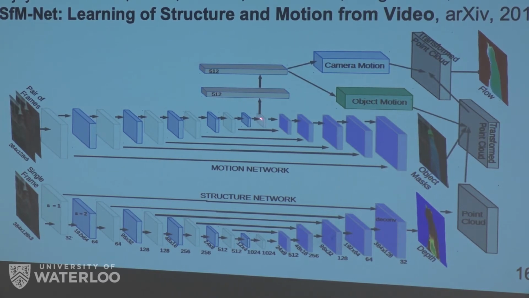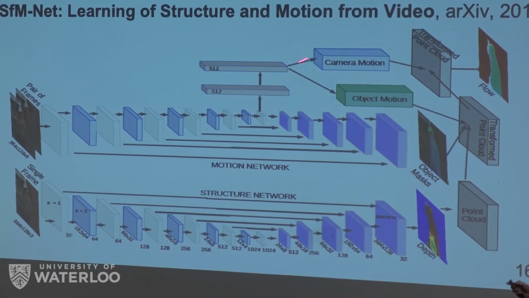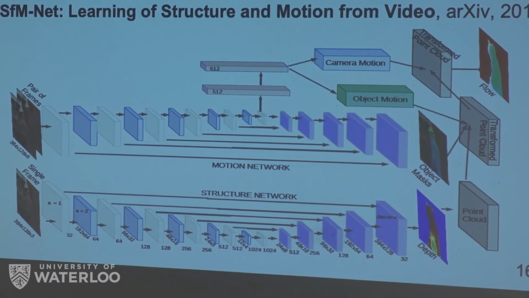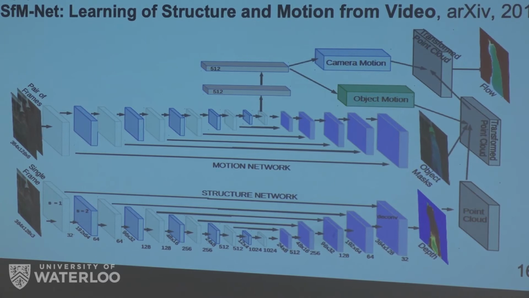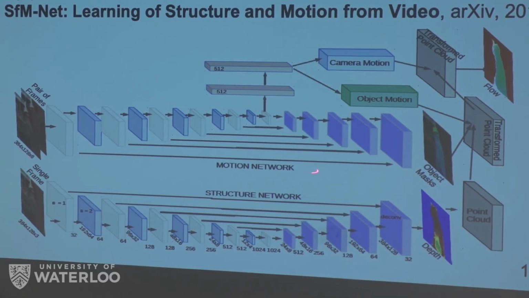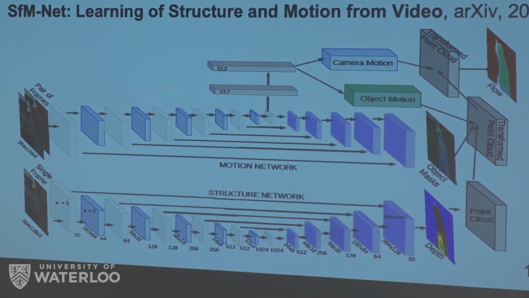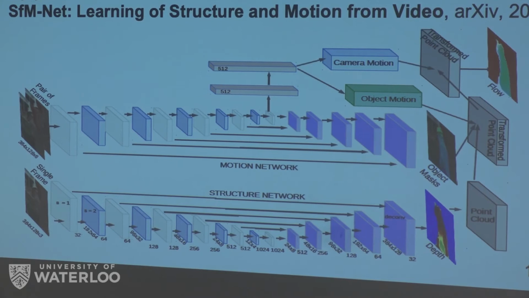We want to make sure that in here we also have all the information we need to compute camera and object motion. So it was important for us not to have any skip connections, because otherwise some of that information could be computed through other paths in the network.